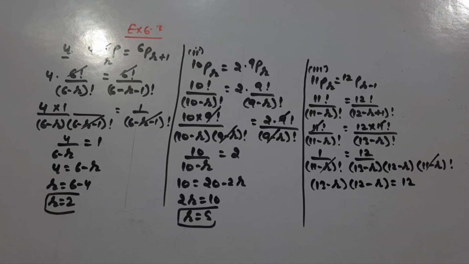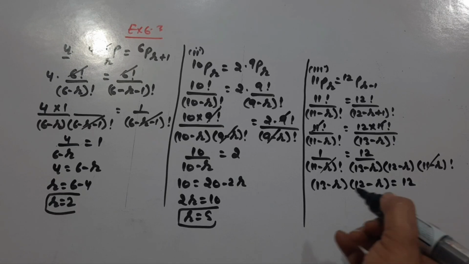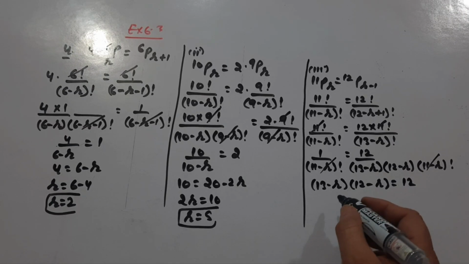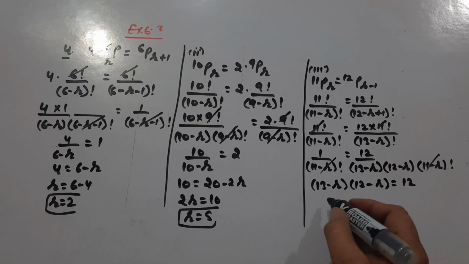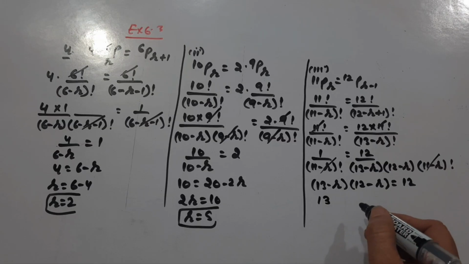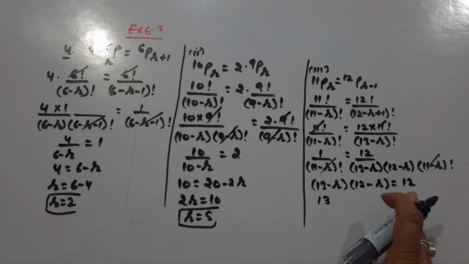Now students, there are two methods to solve it. Either we can multiply the brackets or we can write 12 as a product of two numbers.